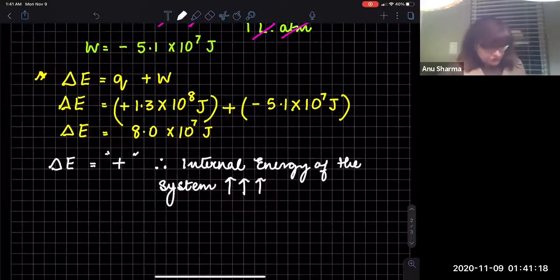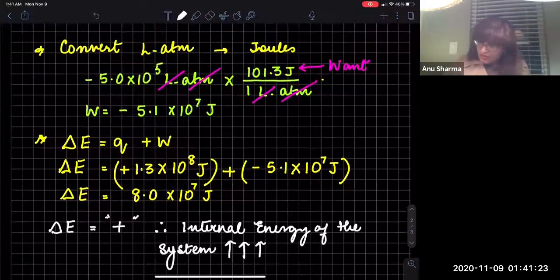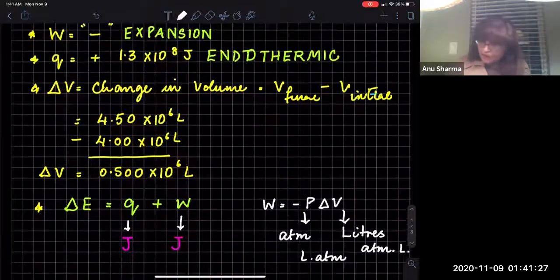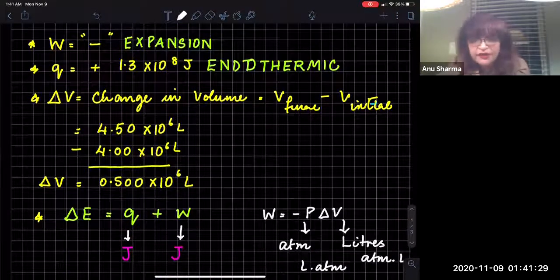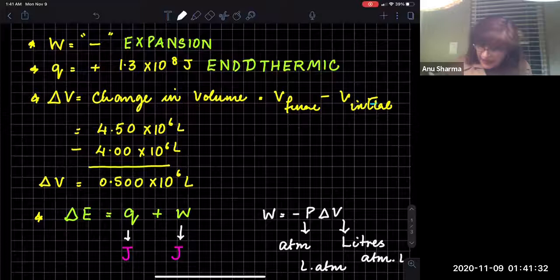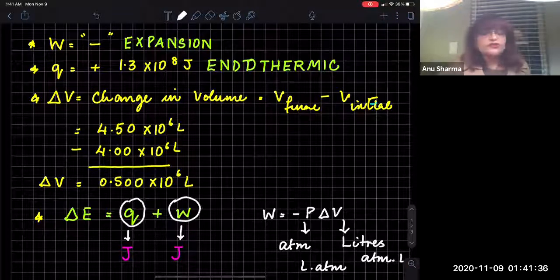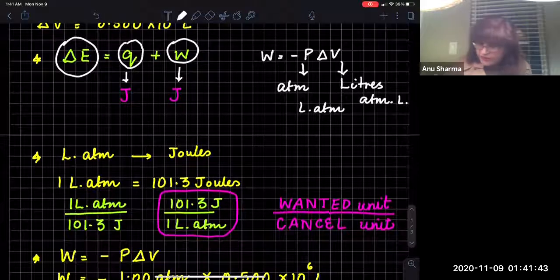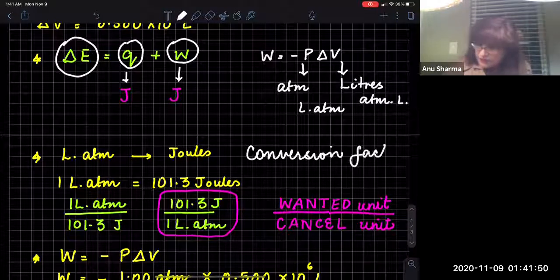So this is the understanding of the first law of thermodynamics and its applications. The absolute most important piece here is to make sure that the units of these two are the same, and they should be in joules. So don't forget to convert them. This is the conversion factor for the two.